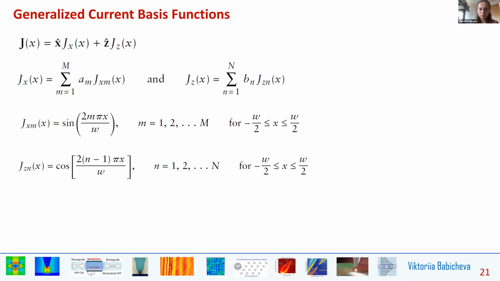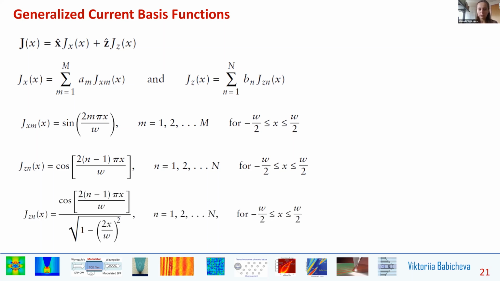And what we can do is that for better numerical efficiency of the solution, the current basis functions with edge singularity are employed to model a longitudinal current distribution on metal wires, and it can be given by this expression. But the transverse current is not singular.